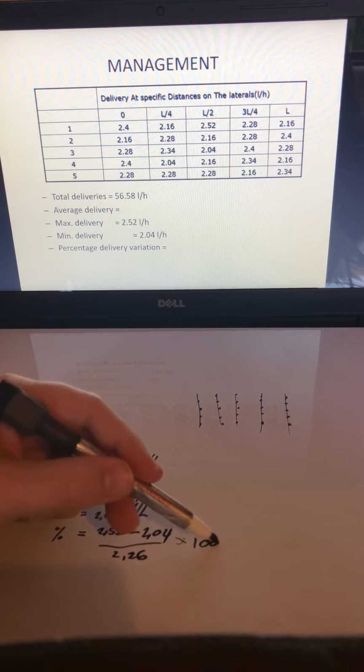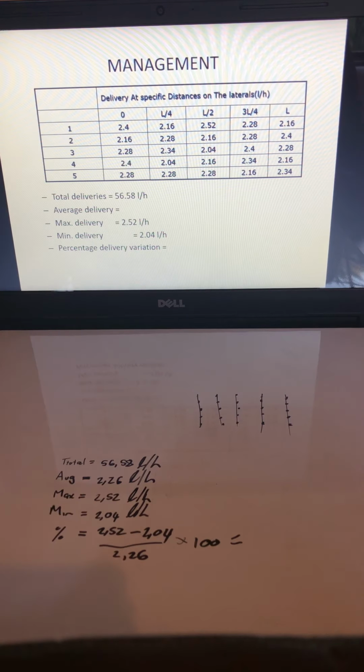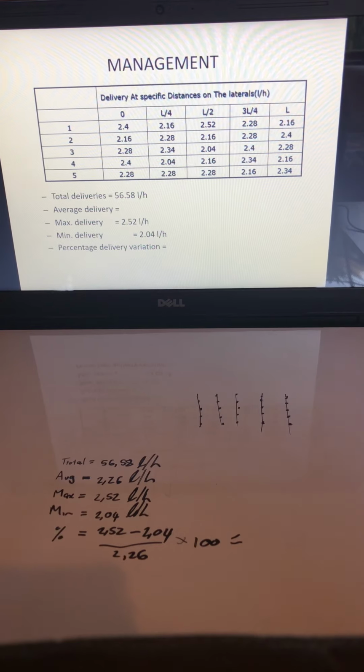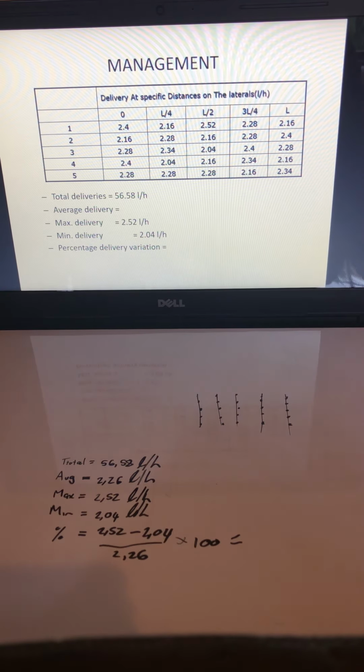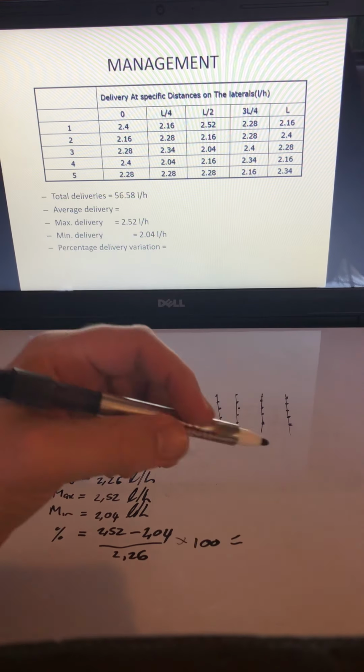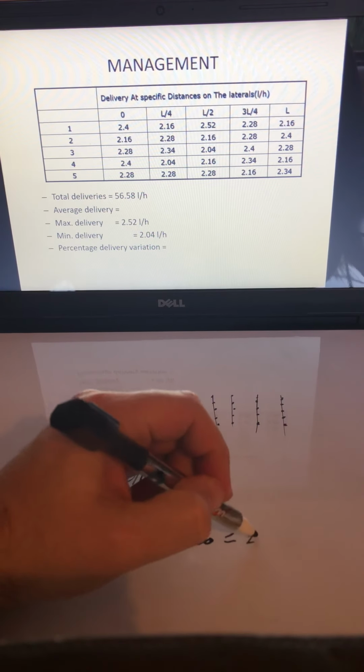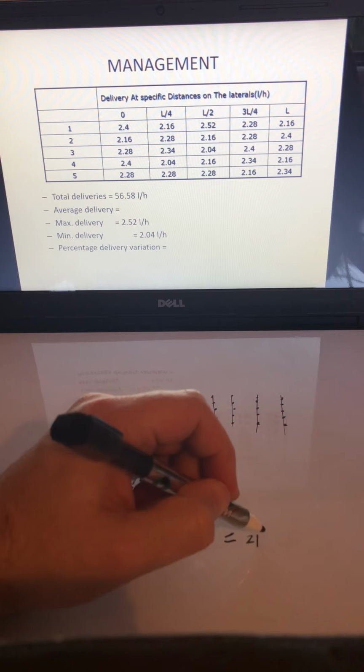And then we multiply that by 100. And what we get is 0.21, but if we multiply that by 100, we'll get roughly 21%.